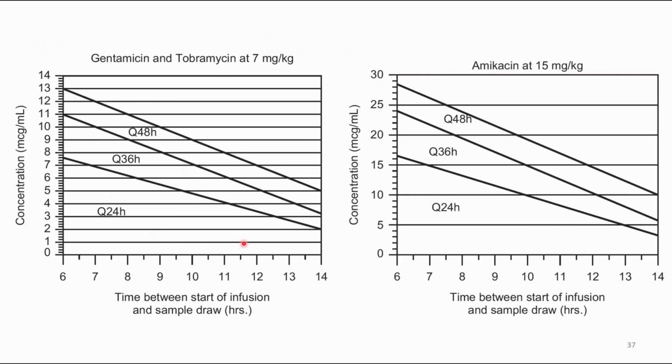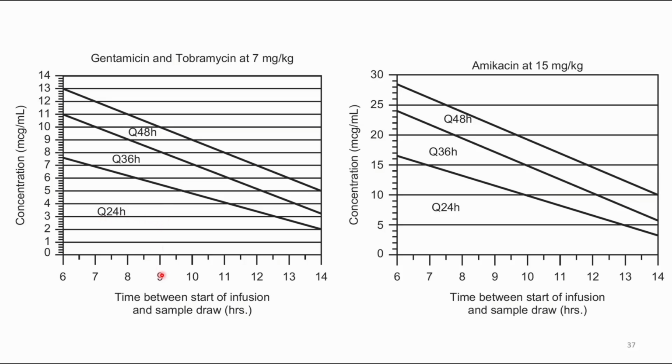And here's the nomogram. The nomogram on the left is for gentamicin and tobramycin, and the one on the right is for amikacin. Let's say 9 hours later you got a random level, and the level happens to be 3, and it happens to be here. If you were using Q24 hours, that means the patient is clearing, so you continue the Q24 hour dosing.